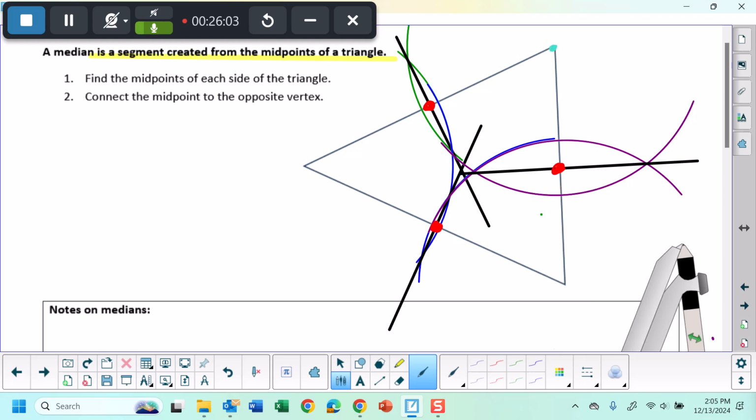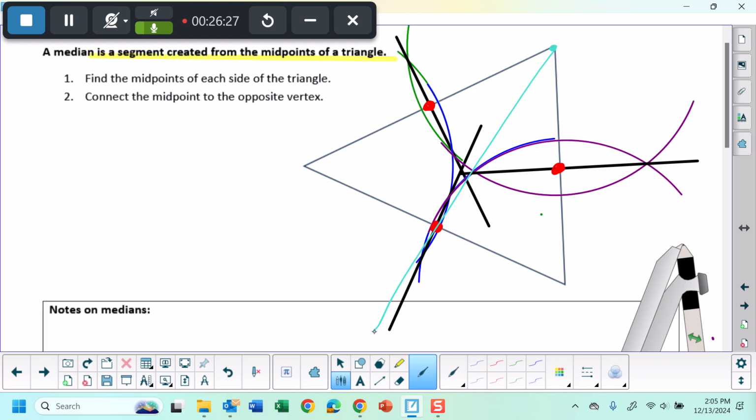So if I start at the vertex and put my straight edge, that blue is a median. The blue is the median, not the black line of construction. It's not a perpendicular bisector, it's a median, because it goes from the vertex through the midpoint.